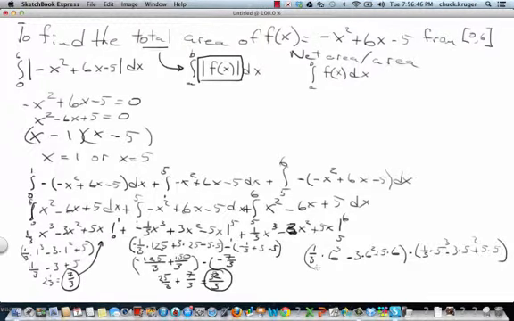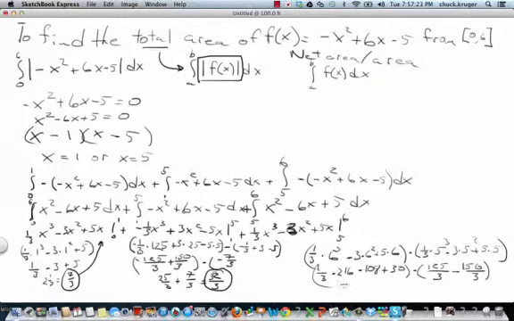And so this is going to be 1/3 times 216, which is 72, minus 3 times 36, which is 108, plus 30. Minus, over here I have 125 over 3. And this is minus 75 plus 25, so that's going to be a minus 50, or 150 over 3.